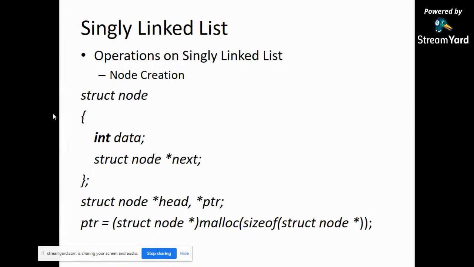So that node we had defined previously, and now we are asking for memory allocation, and the address of that node is stored in ptr. The return value of malloc will be address of the node or address of the memory location, and that address will be stored in ptr. So in this way the node is created.